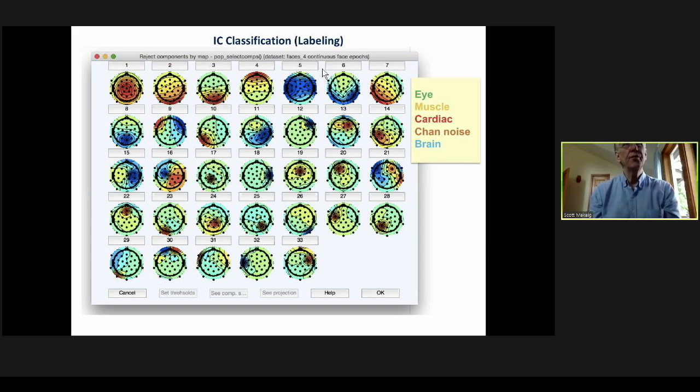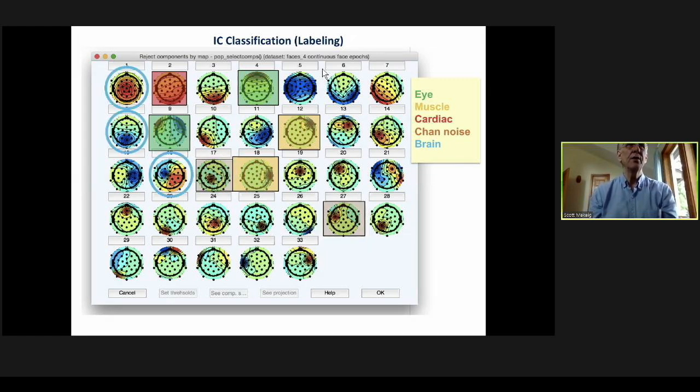Well, over the few years we were putting together EEG lab, and before that we came to have a kind of expertise in this, so that we can just look at the scalp map and say, oh, I bet that's eyes, eye blinks. I bet that's lateral saccades. I bet those are muscles. I bet that's a heart, the ECG. I bet these are single channel noise, and then these look like sources of brain activity and some others in here.